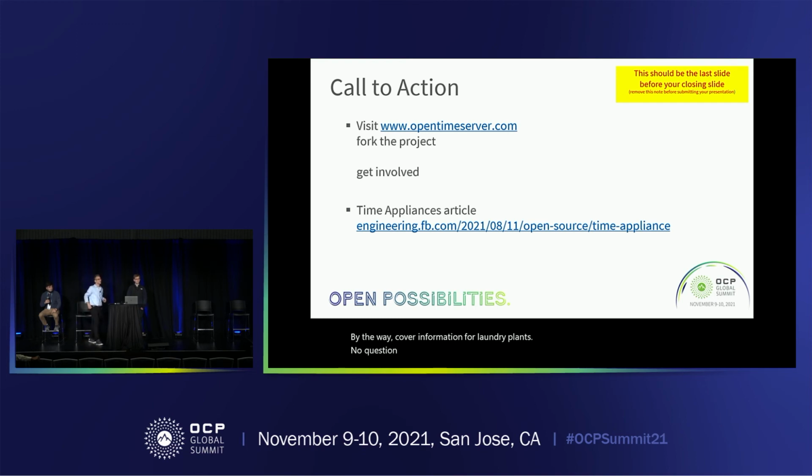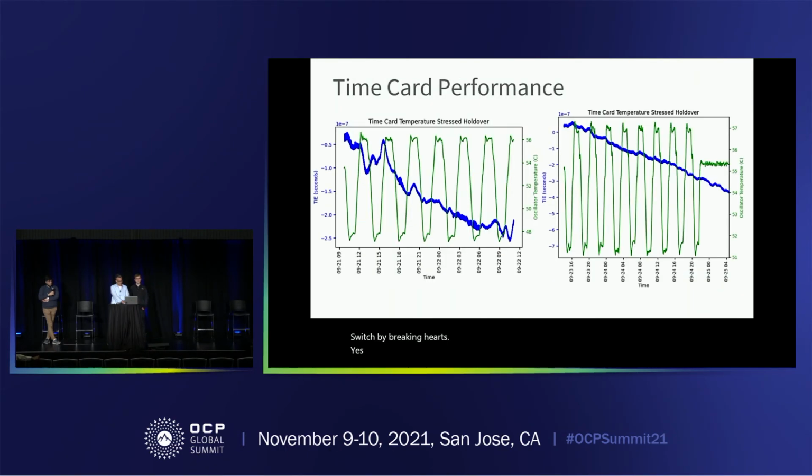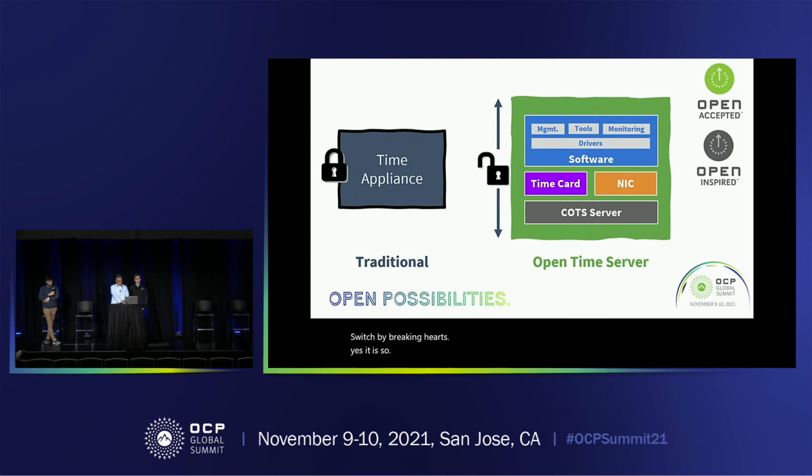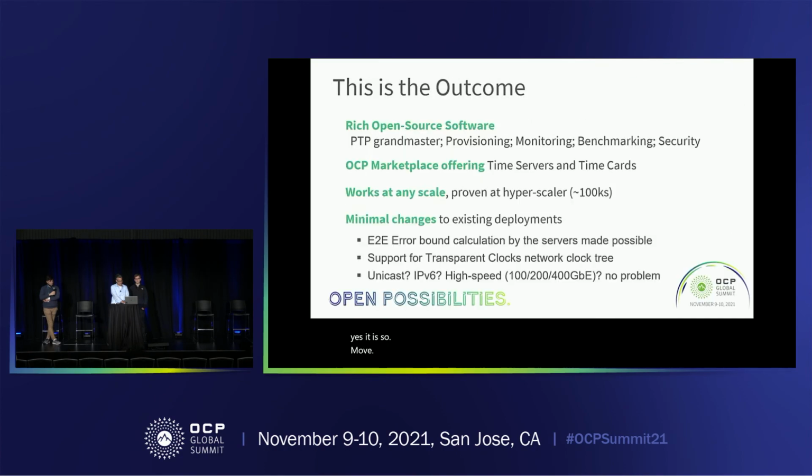The question is, I would assume the reason you want to scale up that far is you assume your own switch fabric has no boundary clock or transparent clock capability. Is that right? But what if all the new switches can do the boundary clock? In that case, do you still need that scalability?